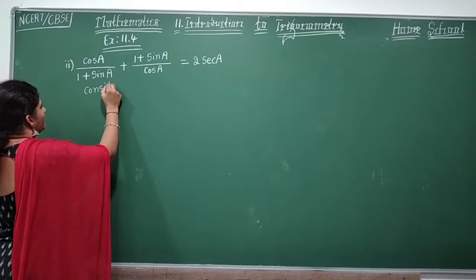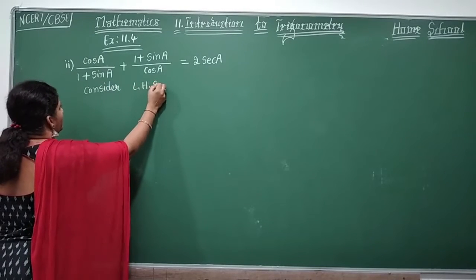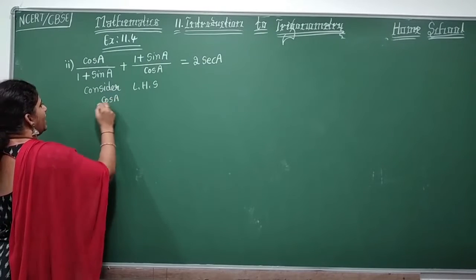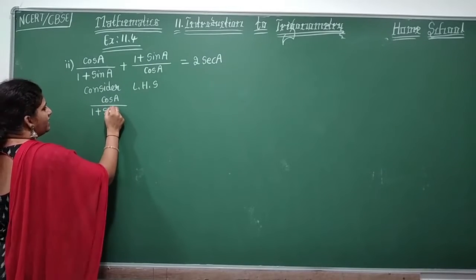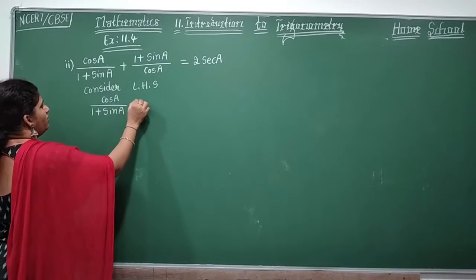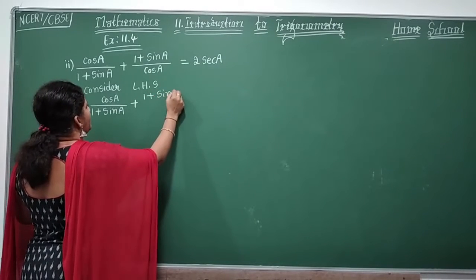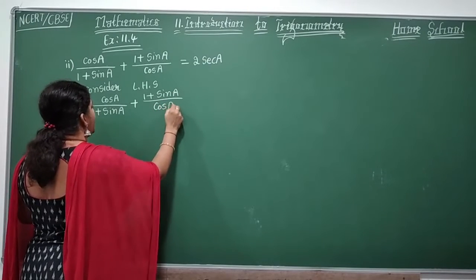Consider the left hand side equation. What do you have here? Cos A whole divided by 1 plus sin A plus 1 plus sin A divided by cos A.